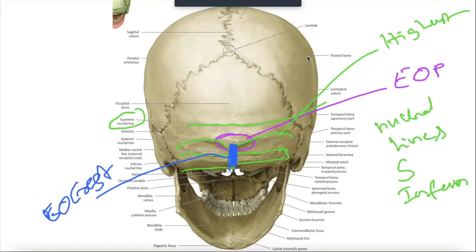And as you know, this is the occipitomastoid suture, and this is the parietomastoid suture, right? And there will be a foramen in the mastoid bone. It is called the mastoid foramen. See here.